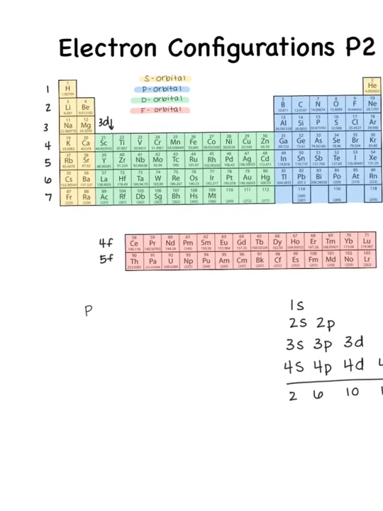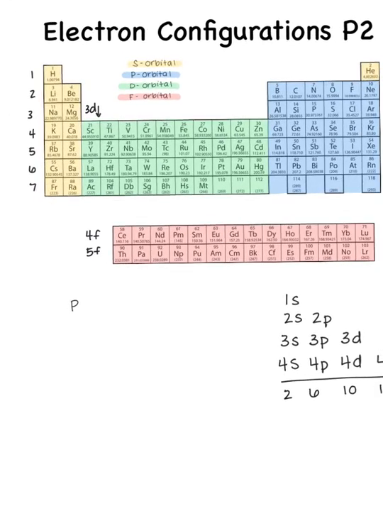So I have phosphorus, and if I go to my periodic table, I have 15 protons in phosphorus, meaning I have 15 electrons. Phosphorus is a little bit different now because I will be moving into a new set of orbitals. So let's go kind of easy. When I'm writing my electron configuration, I'm going to be writing all the way through.